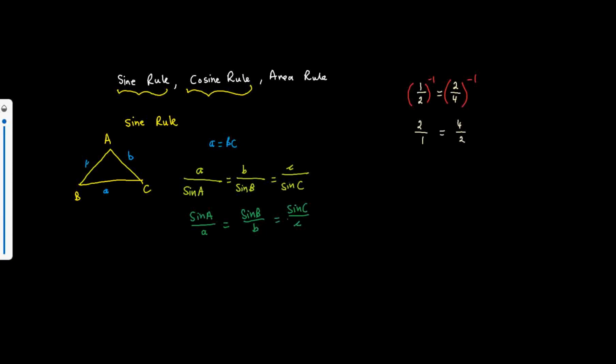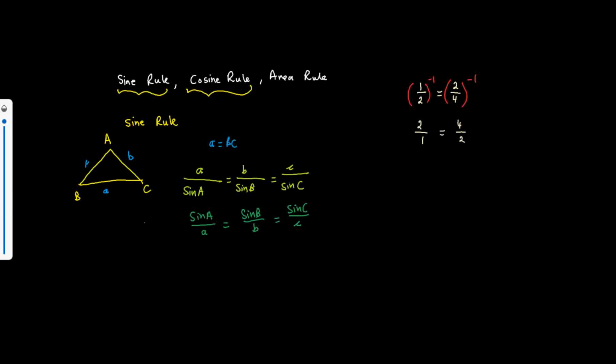That is true if, of course, the denominators are not 0. Why can't the denominators be 0? It's a triangle. You can't have one interior angle that's 0. But of course, the sine of an angle could possibly be 0, so just be careful of that as well.